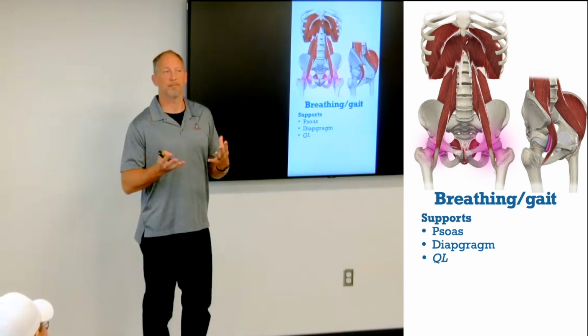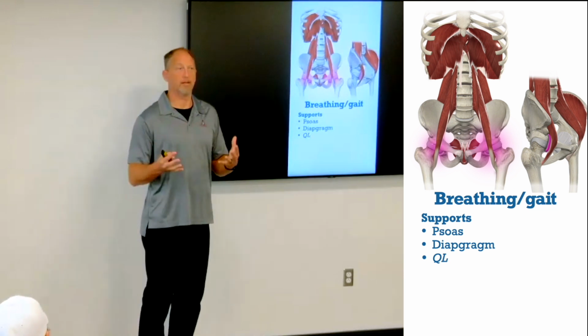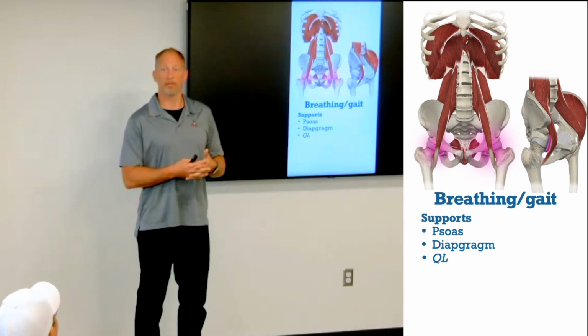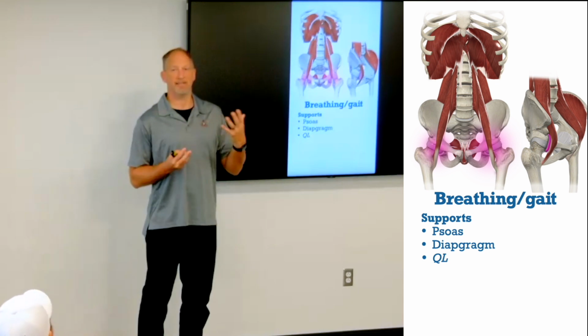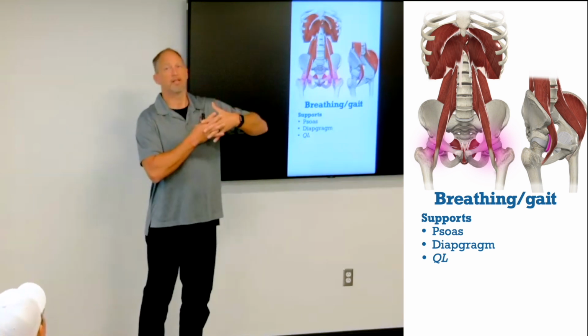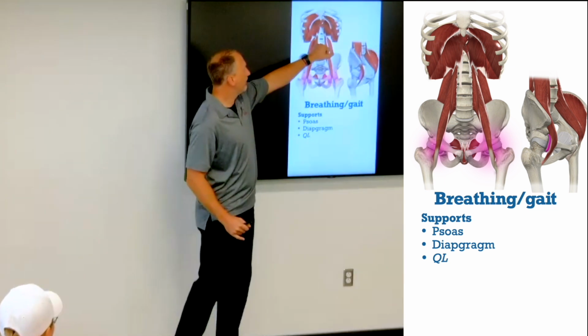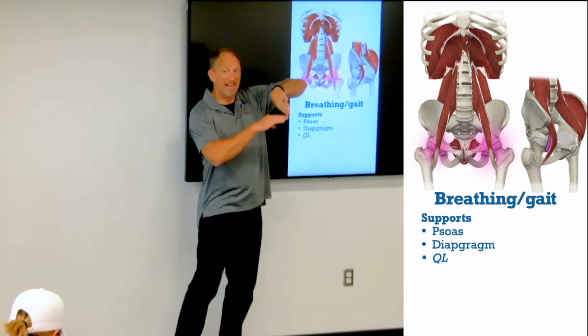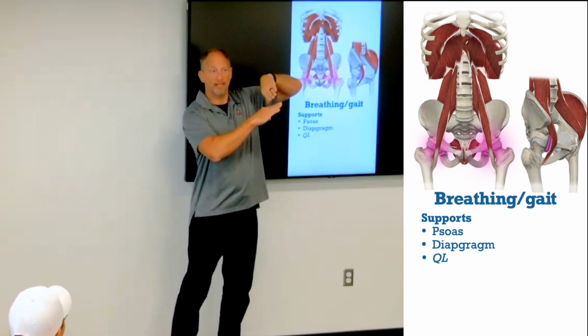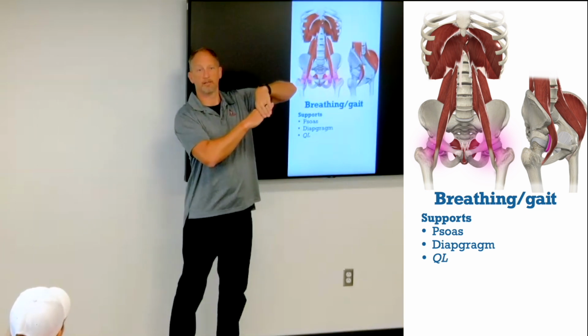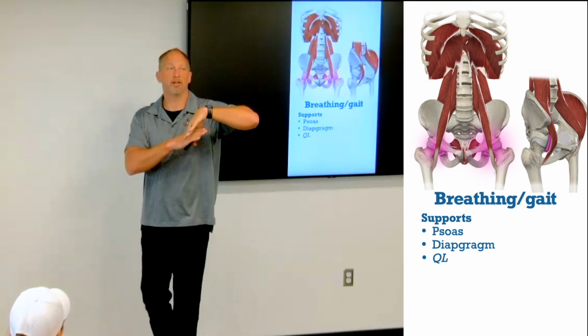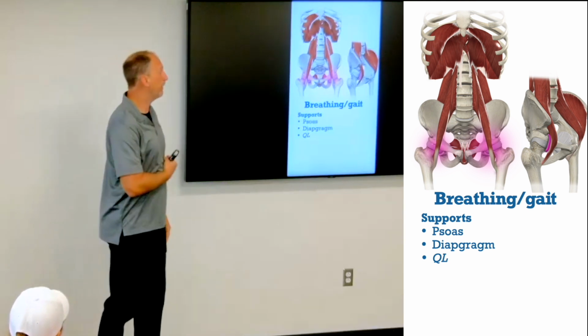Some articles say that, some articles don't. If we believe it, wonderful, it adds to this. If we don't believe that that's there, what we can't ignore is the fact that the psoas and the diaphragm are literally living on top of each other. So the likelihood of an interaction between the two is very, very high.